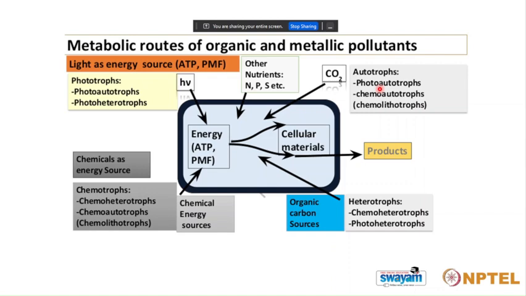In the case of autotrophs, either light energy or chemical energy can be utilized to generate the energy required to carry out the metabolic processes. Whereas chemotrophs can be classified into chemoheterotrophs and chemoautotrophs.